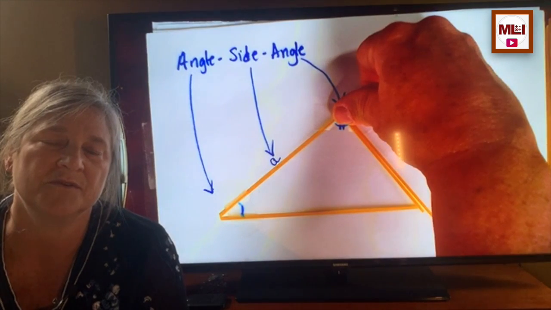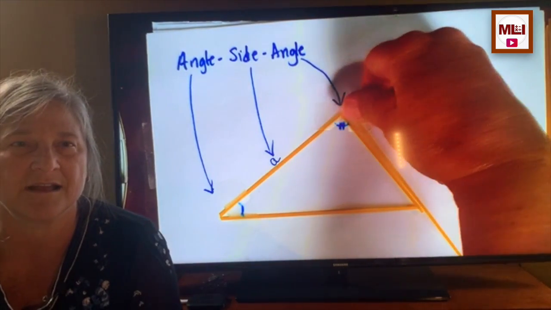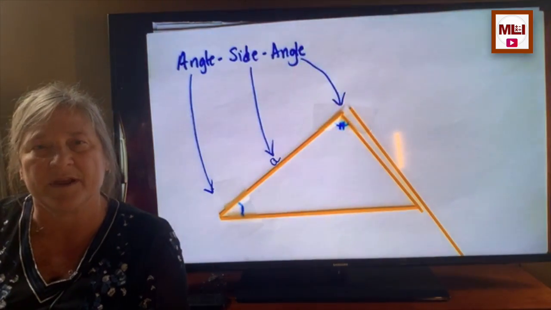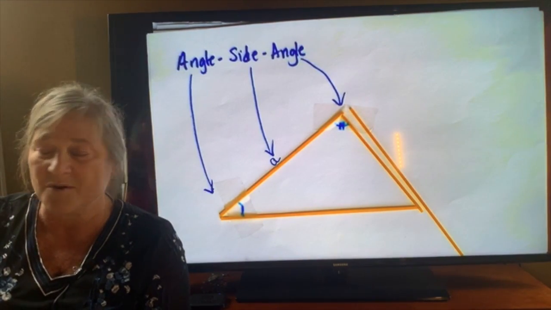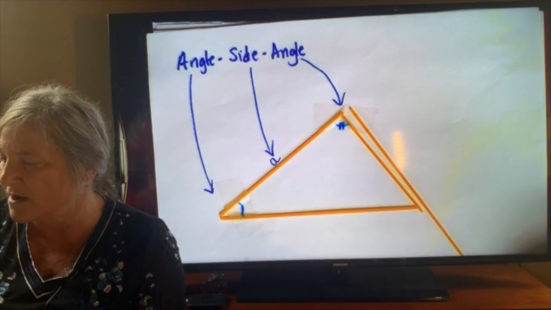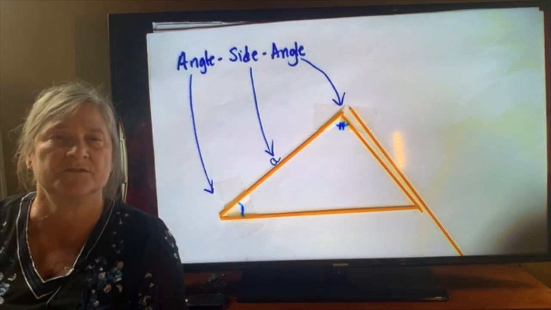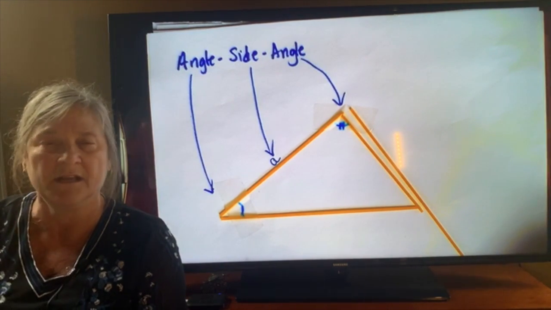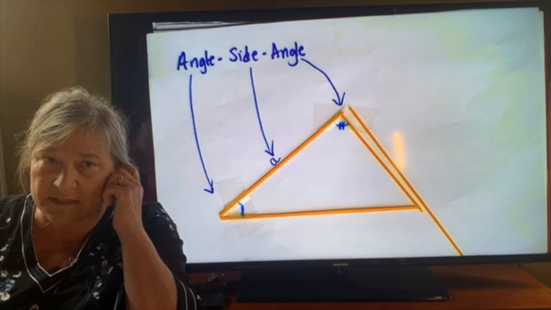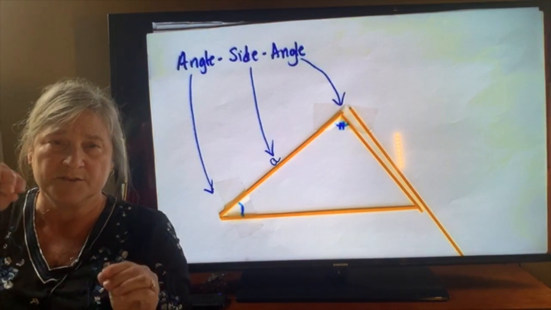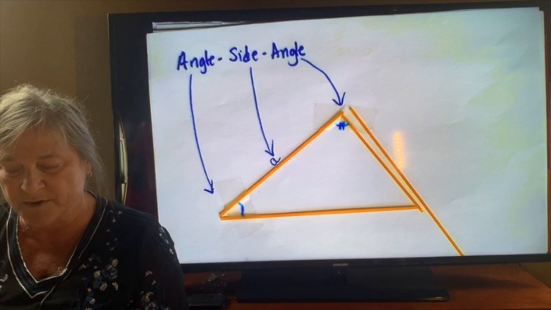I'm going to do the other two next week, just so that we have practice on how to play with these ideas. With your student at home, if you have some spaghetti, I know I hesitate to use food as a tool, but they are really good tools. You can also use sticks or strips of paper if you want. Strips of paper you can maneuver like that as well.